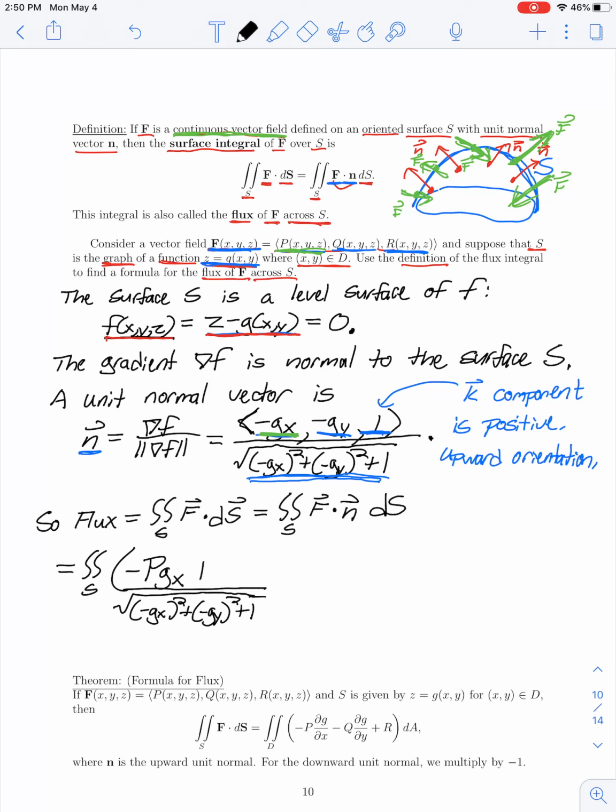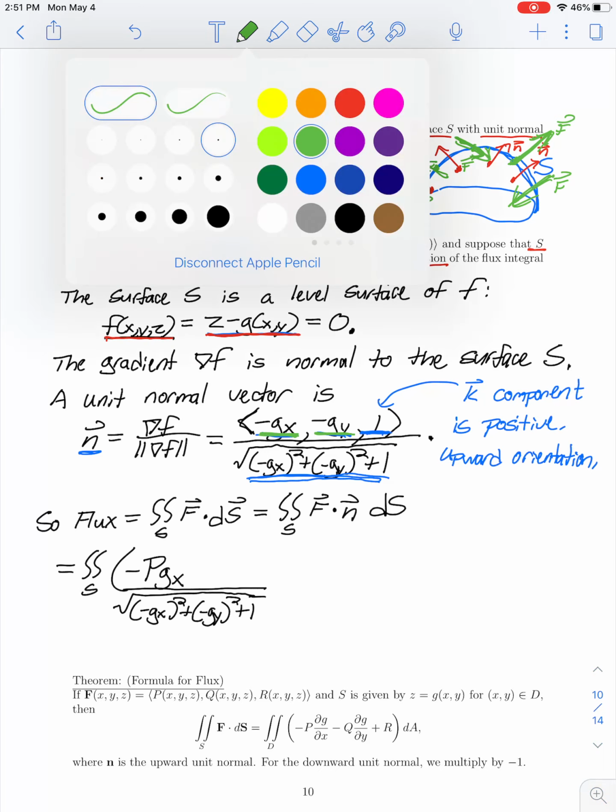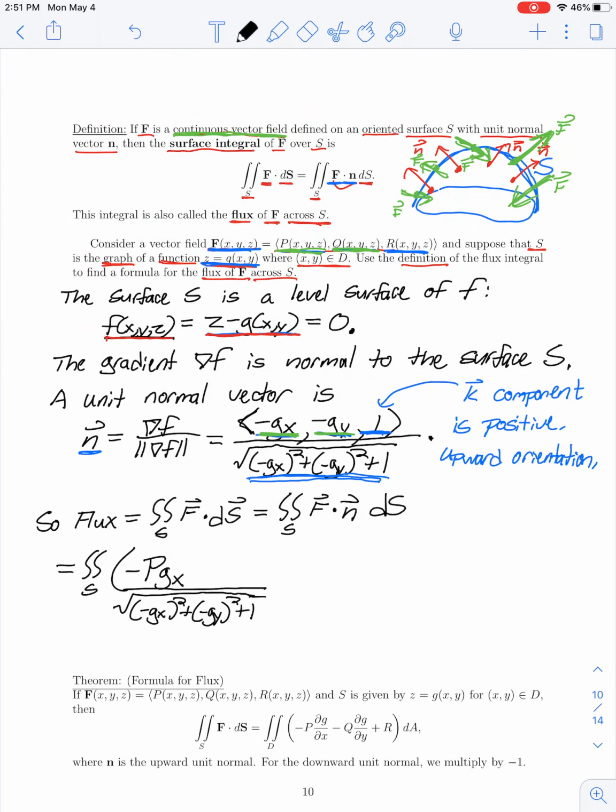plus for the next terms in our dot product, we have q, the second component of our vector field, times the second component of our unit normal, this negative g sub y divided by that square root term. So that gives us negative q times the partial of g with respect to y divided by this same square root term that we had.